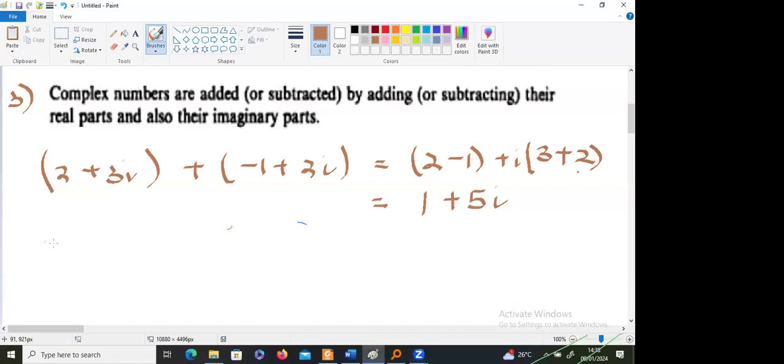If I say take 2 and multiply it by 3 minus 2i, this gives 2 times 3, which is 6, minus 2 times 2i, which is 4i. So it is ordinary multiplication.